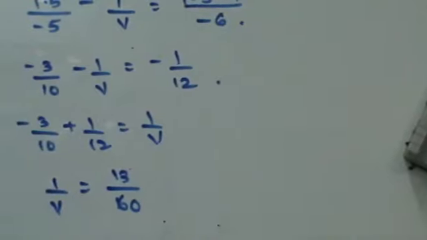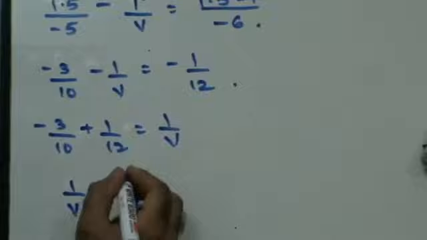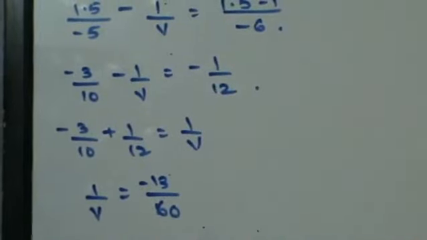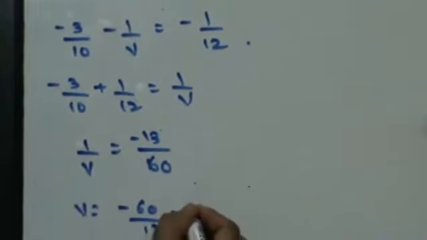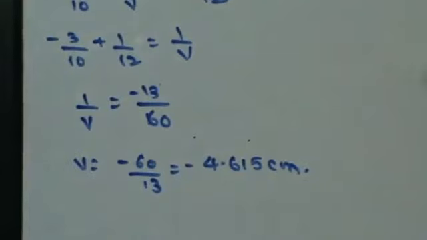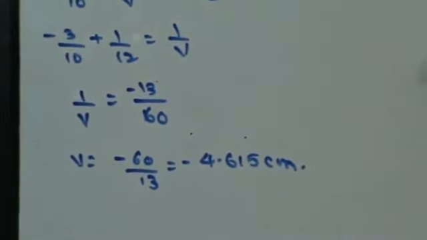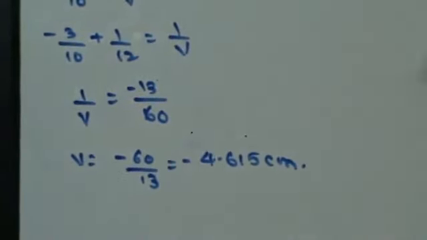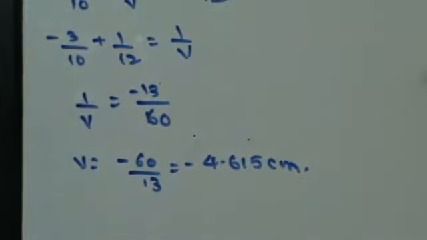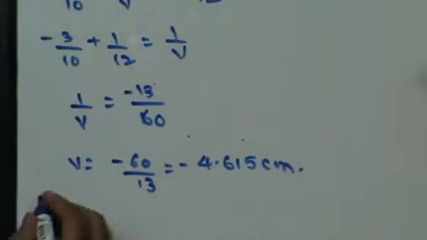Therefore V is minus 60 upon 13, so that's minus 4.615 centimeter. So the image of the bubble is going to be observed at a distance of minus 4.615 centimeter. That means the bubble will appear 4.615 centimeters below the surface of the sphere, on the negative side.